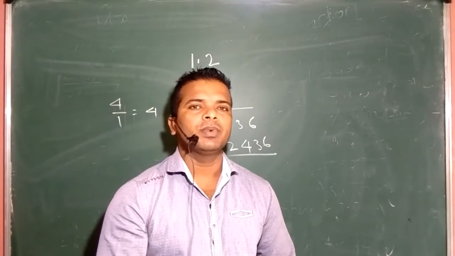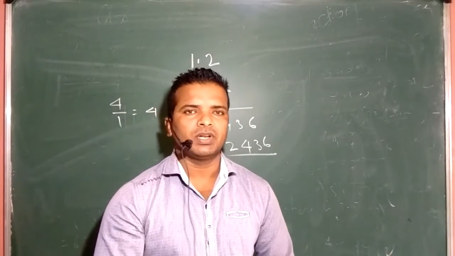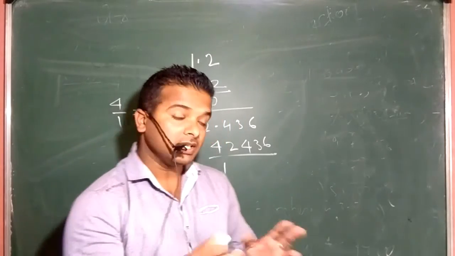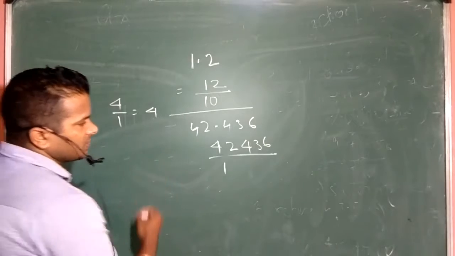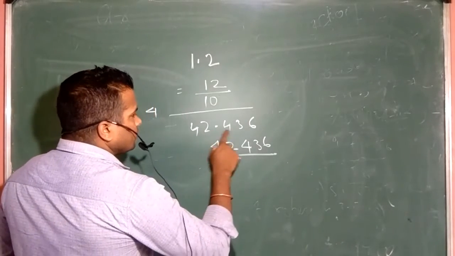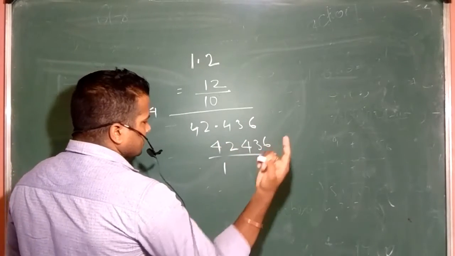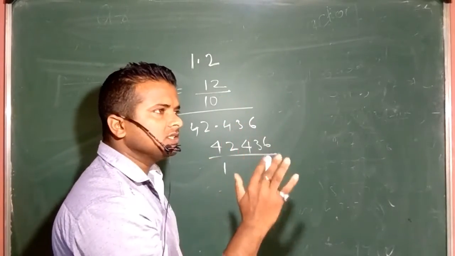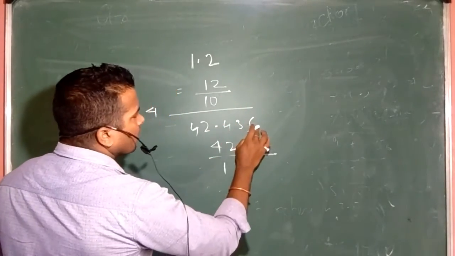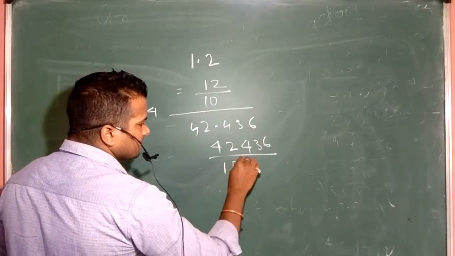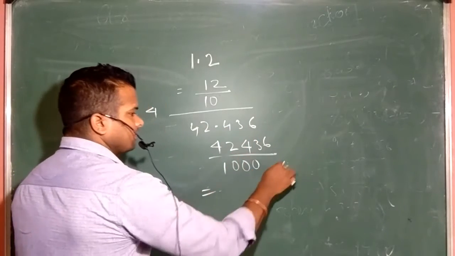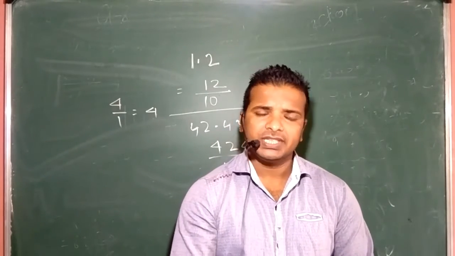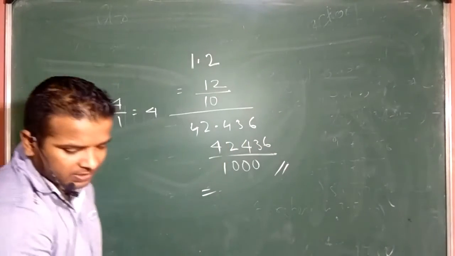Any whole number or integer can be written divided by 1, and the result is the number itself. Now from the right side we count after how many digits the decimal is present. So 1, 2, 3, that means 1000. That's all. These are the basics that you are going to do in this chapter.